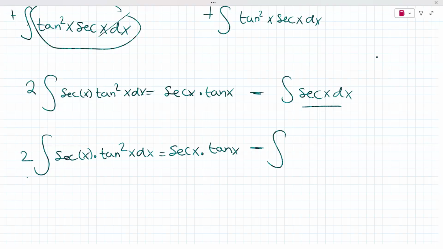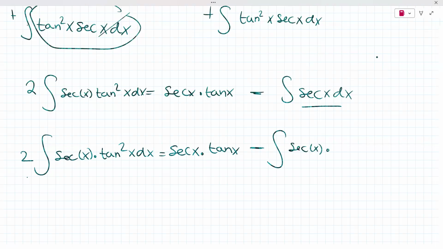Now right here, I don't want to take the integral of secant of x, but maybe, yeah, this one's what I would do is, I'm going to multiply secant of x by secant of x plus tan of x over itself, right?